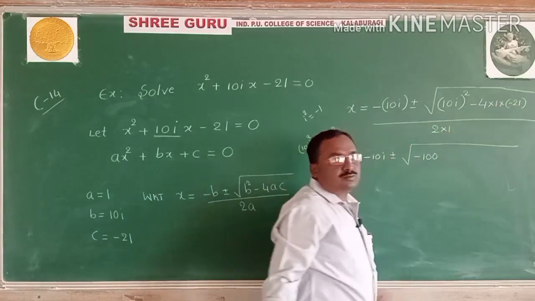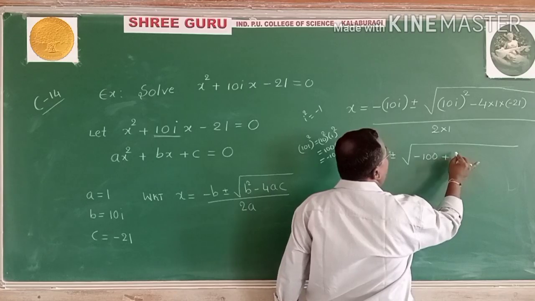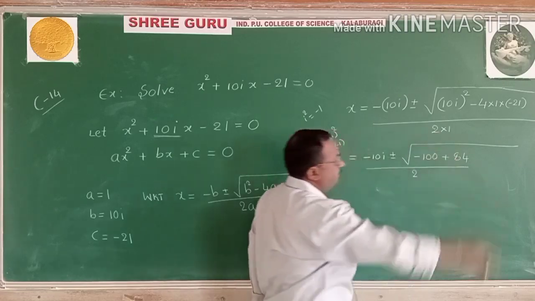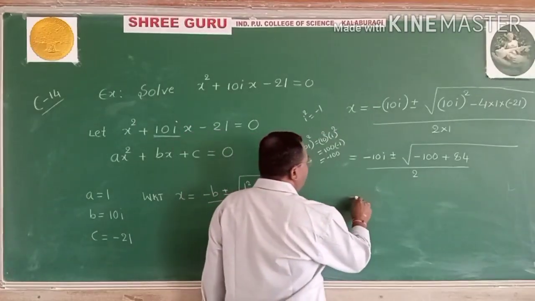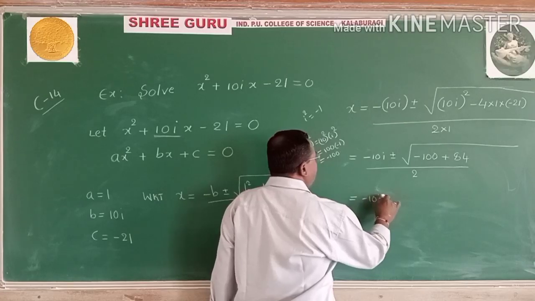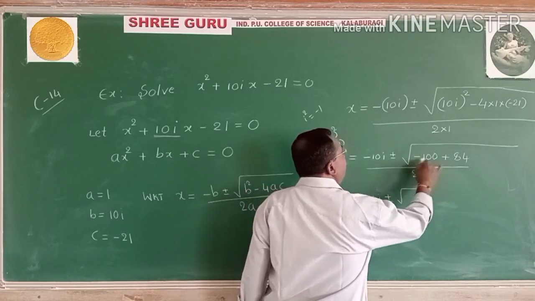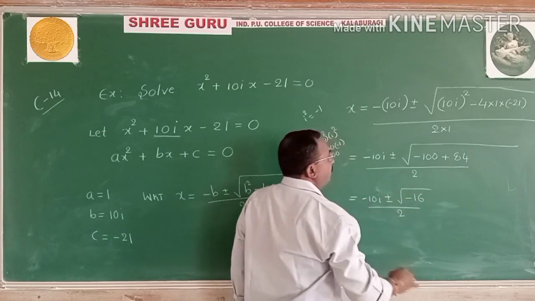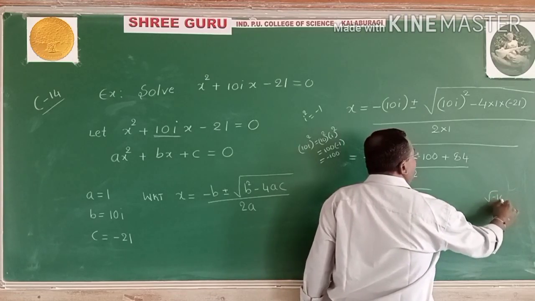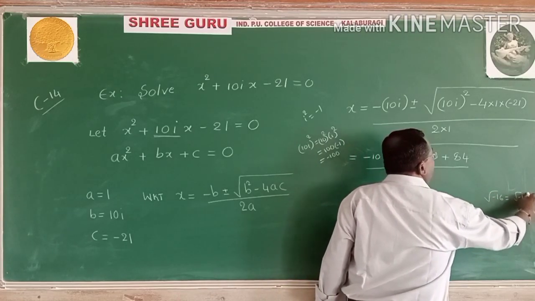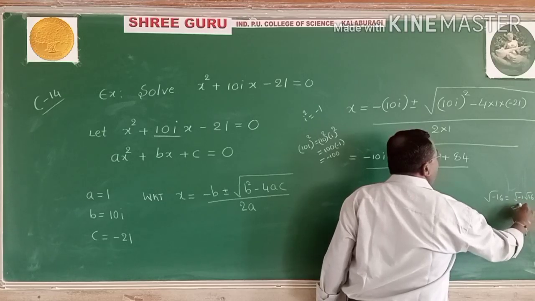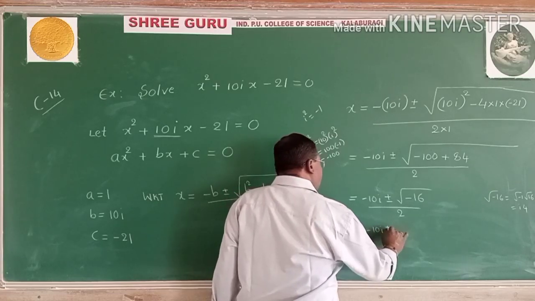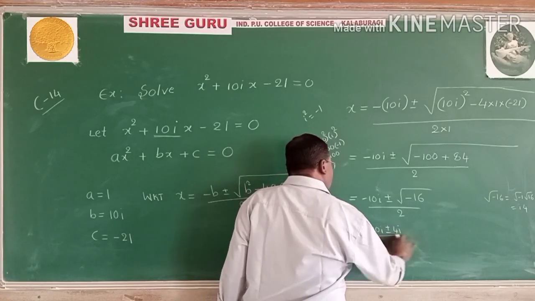Minus 100, and minus times minus 21 is plus 4 into 21, 84, divided by 2. So x is equal to minus 10i plus or minus square root of minus 100 plus 84, which is minus 16, divided by 2. Root of minus 16 can be written as root of minus 1 times root of 16. This is i, this is 4, so x is equal to minus 10i plus or minus 4i divided by 2.